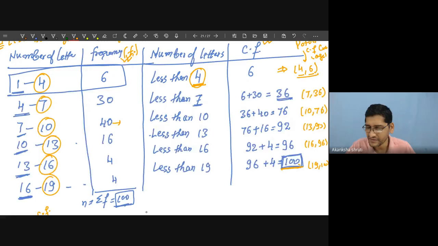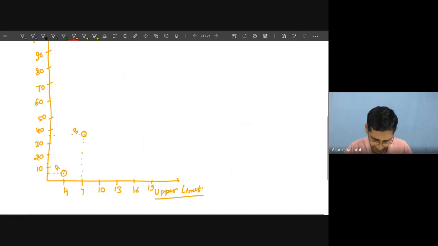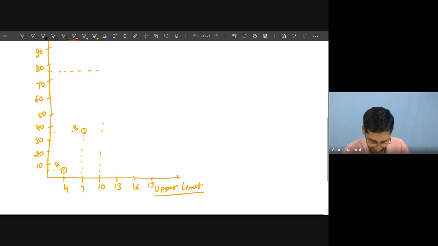Next one is for the 10 and 76. So come for the next limit as 10. Go up to where? 76. Students, just above the 75, there is 76. So for this 10, observe it. It is this one. Mark this point as C.